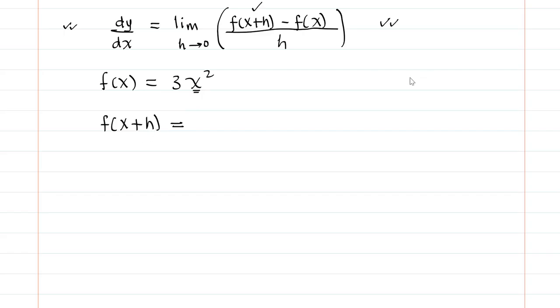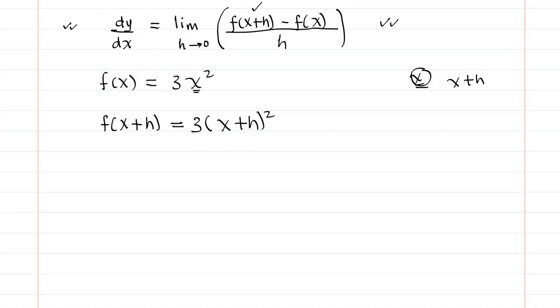So we simply say our x now is x plus h. Like in this case, we shall have 3, but where there is x, we substitute x plus h. This is x alone, but then we square it. So it will look like that.